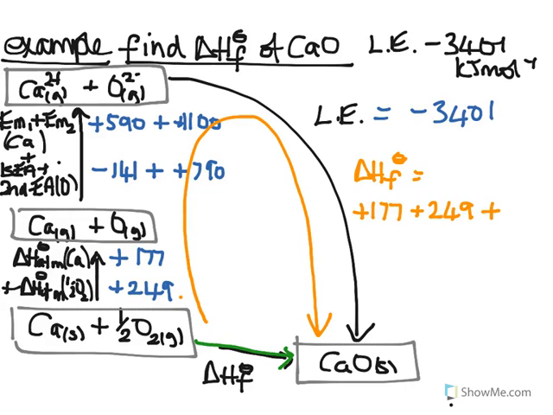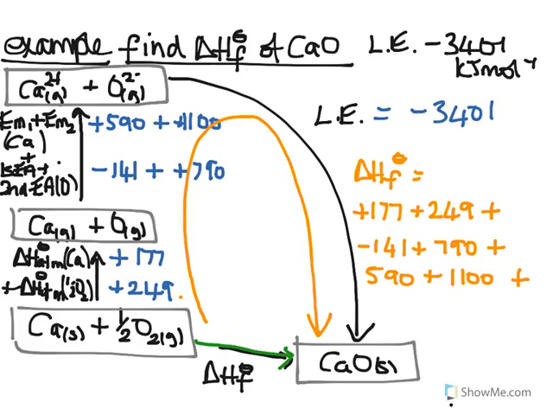And then in the second step, we're also going with the arrow, so all the signs stay the same. So it's plus minus 141 plus 790 for electron affinities of oxygen, plus 590 and plus 1100 for the ionization of calcium.